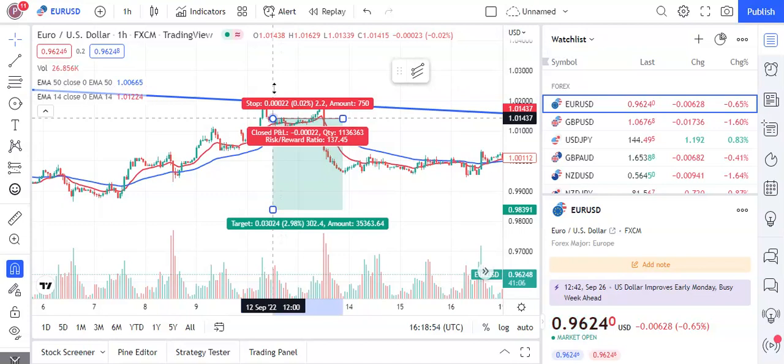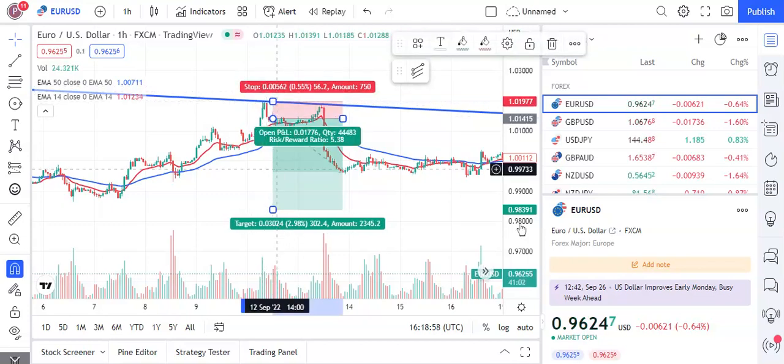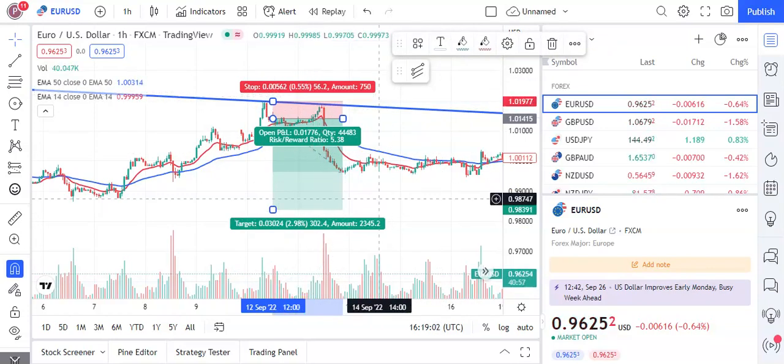My stop loss will be somewhere here. I don't know why this is acting funny. Good. So as you can see, my stop is about 56 pips.